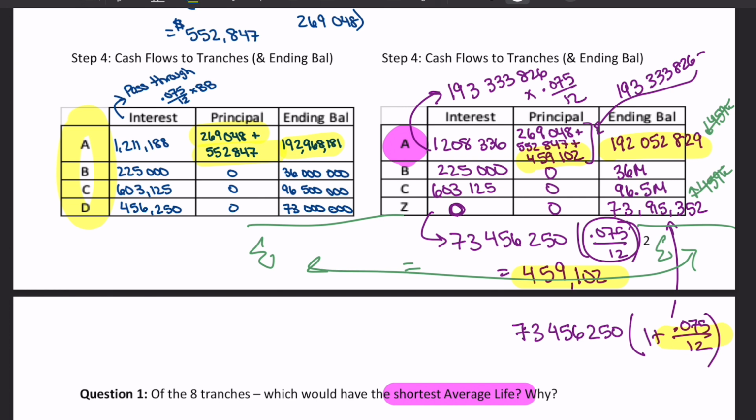So A of the sequential plus a Z would be the correct answer.